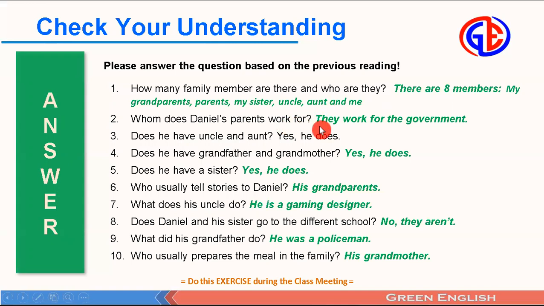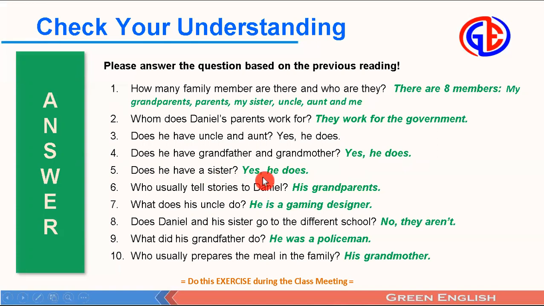Number 2, the answer is they work for the government. Number 3, yes, he does have an aunt and uncle, and he also has a grandfather and grandmother. So yes, he does.